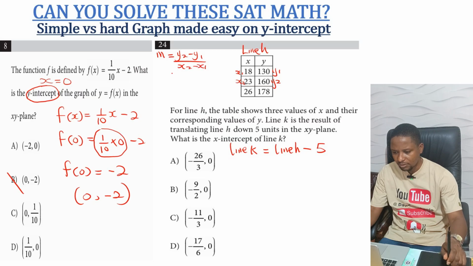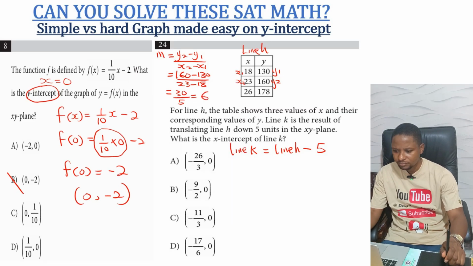And you plug in the values, which is 160 minus 130 over 23 minus 18, and that will give you 30 over 5, and when you divide you have 6. So I have my slope.